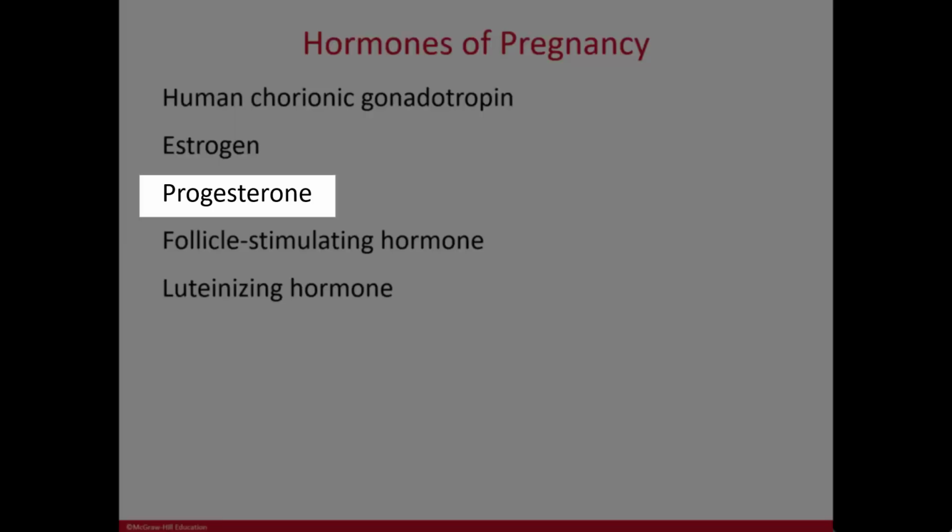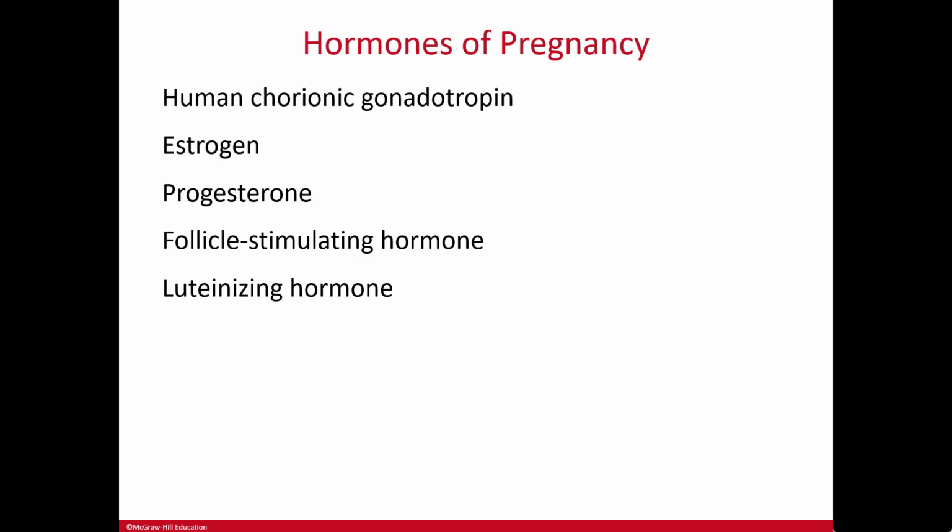Progesterone is secreted by the placenta and the corpus luteum. It prevents ovulation, menstruation, and uterine muscle contraction during pregnancy. You don't want uterine muscle contraction during pregnancy. You don't want the uterus to contract until labor. So if the uterus starts to contract while the mom is pregnant before labor, that can cause premature delivery, and we don't want that to happen.